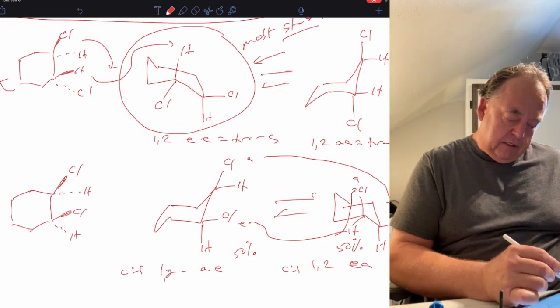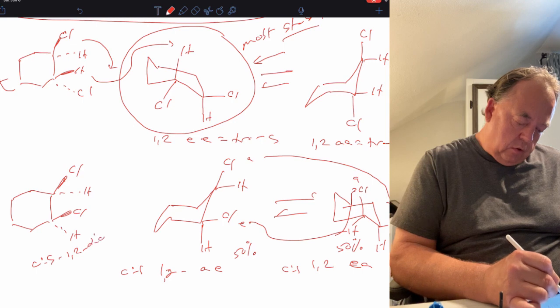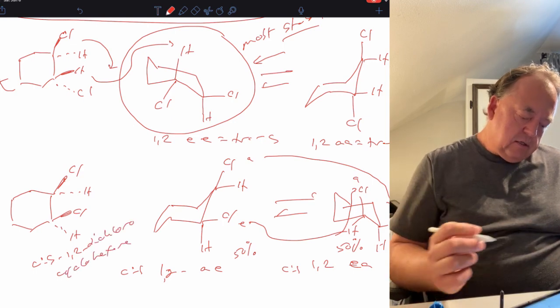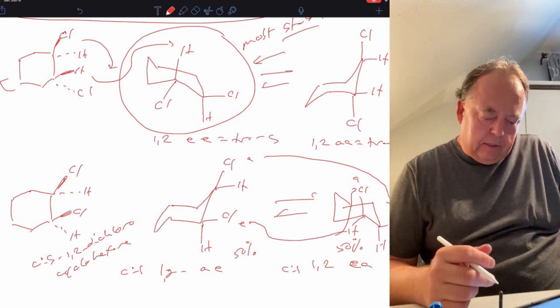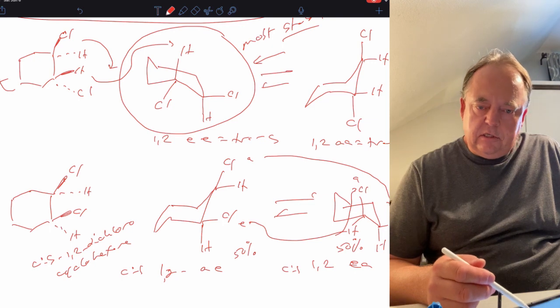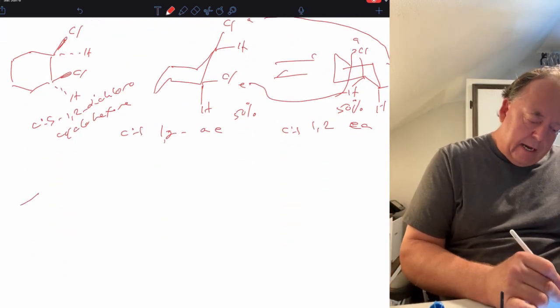If I gave you cis 1,2-dichlorocyclohexane, and I ask you to draw the most stable conformation, well, one of the chlorines has to be axial and one of the chlorines has to be equatorial. Okay, what if it was a 1,3 isomer instead?